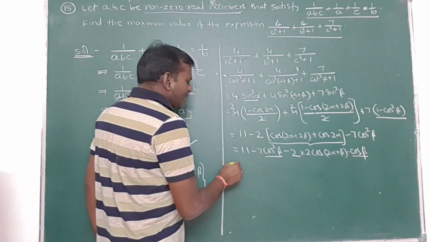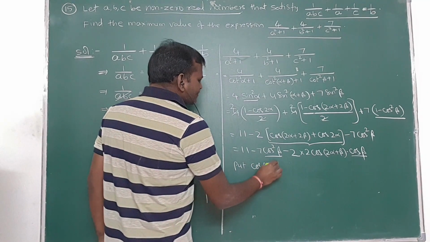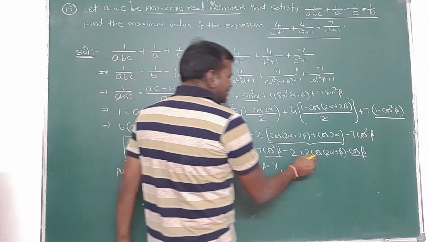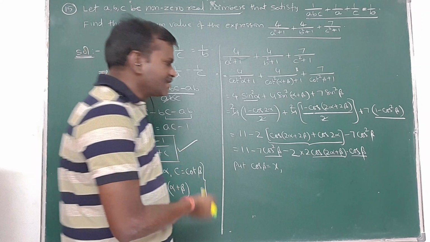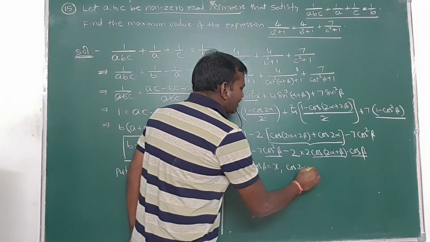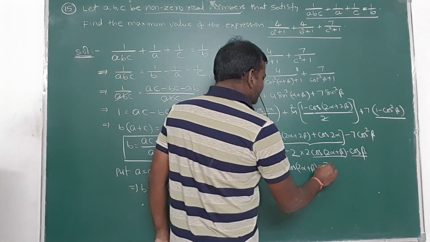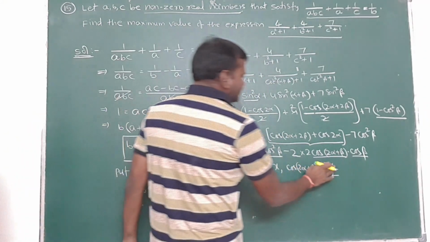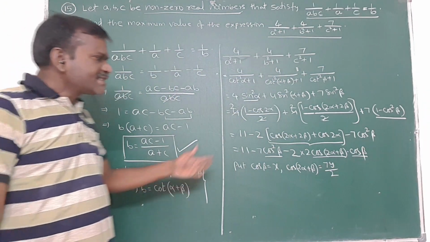So this is the expression here. Suppose I put cos beta is equal to x. Here the substitution is the important thing. What I am substituting is cos of 2 alpha plus beta as 7y by 2. Why did I substitute like that?